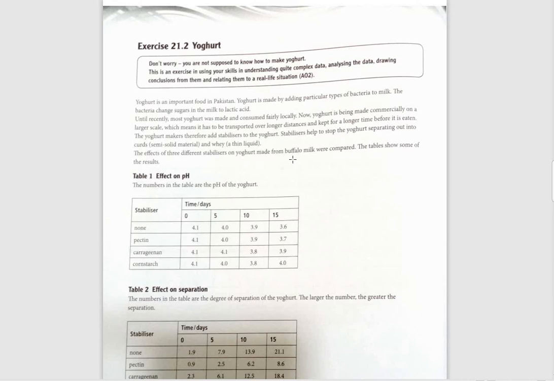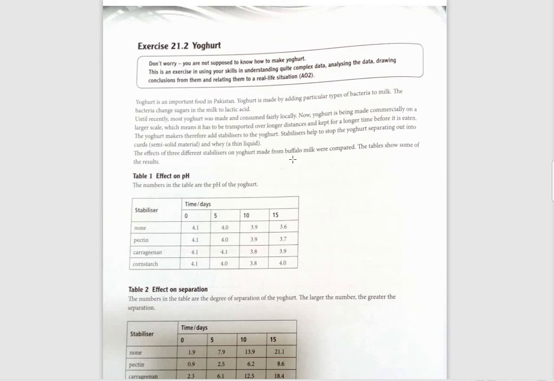It will start giving out water from the yogurt. It's completely normal, and people generally don't like seeing water in yogurt as it makes the appearance seem bad. So what these commercial manufacturers do, they add stabilizers to make sure that the yogurt does not separate out into layers.